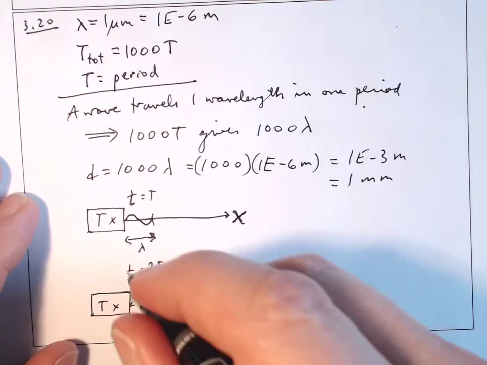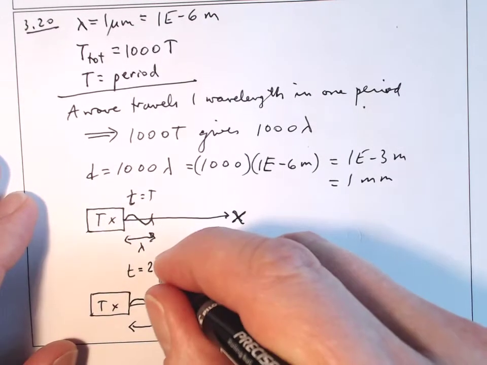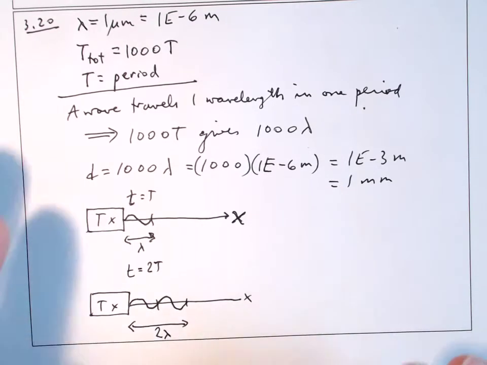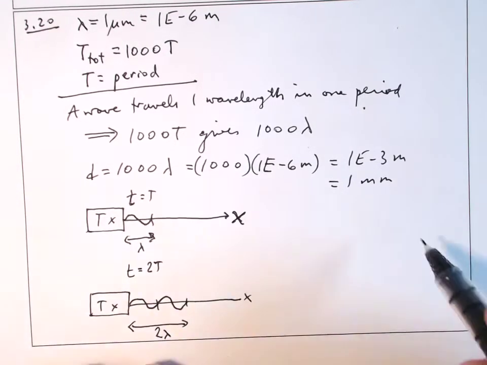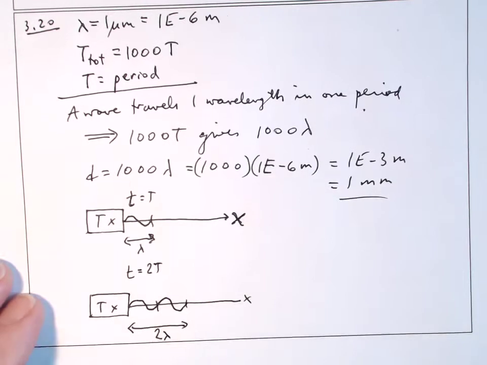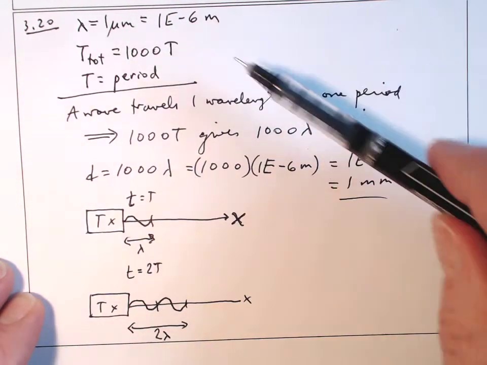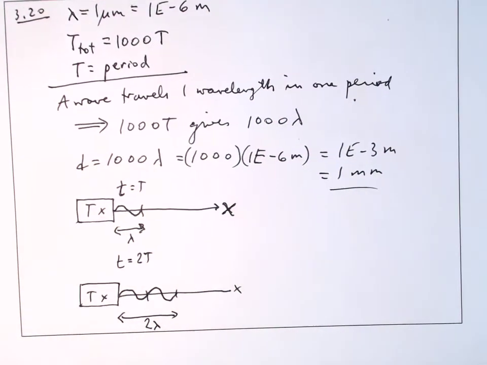This is a great conceptual problem, and it'll go 1,000 periods, or 1,000 micrometers, which is 1 millimeter in that time.